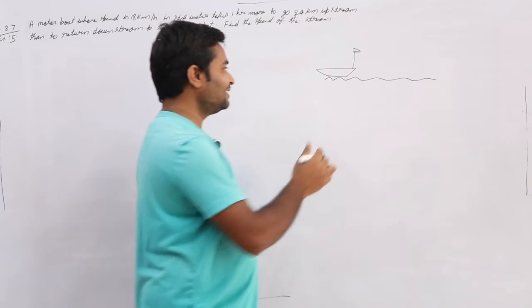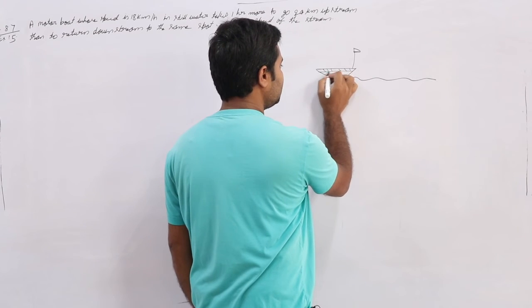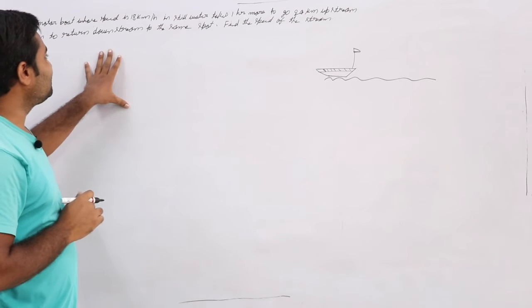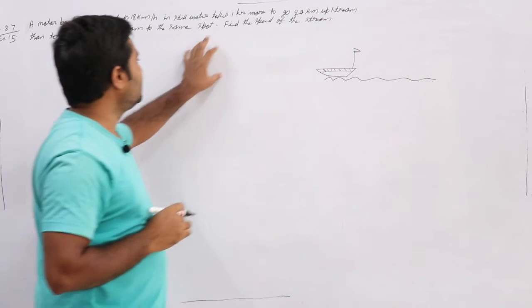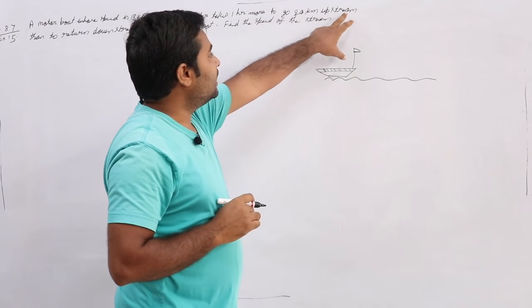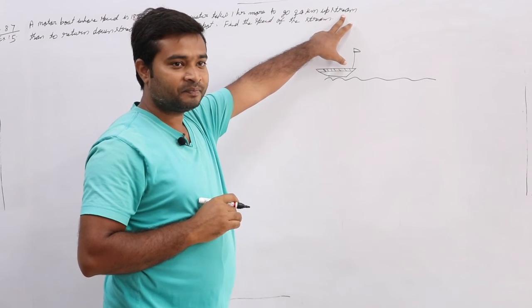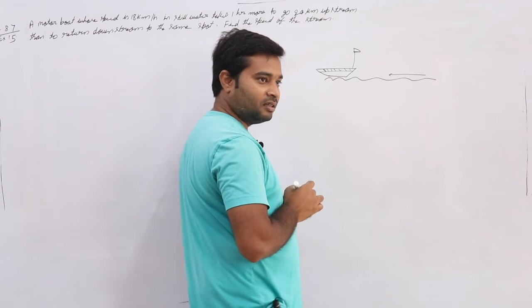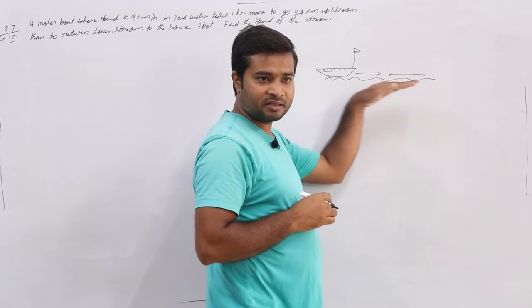Boat is right, yes? Understood? So in still water your speed is how much? 18 kilometer. Then it has to go 24 kilometer upstream. What is the meaning of upstream? If the stream is this side and the boat is going this side, then the speed will be less.